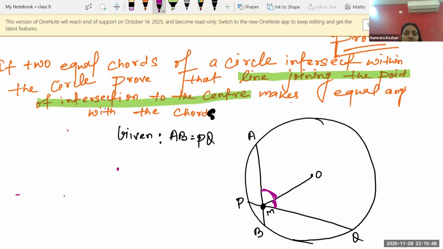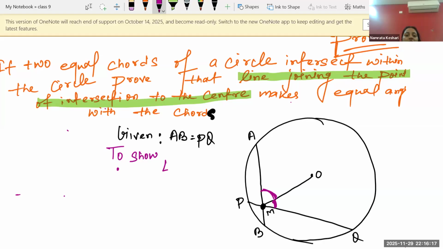Making sense? Okay, it's great. This is really simple. We understood that we have to show that the line joining the point of intersection to the center makes equal angle with the chords.